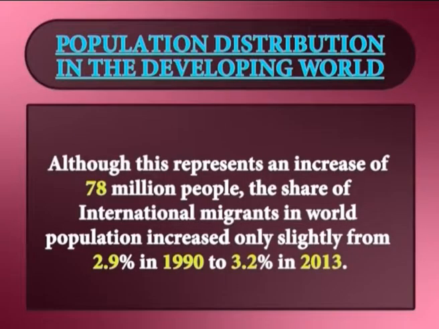In 2013, the number of international migrants worldwide reached 232 million, up from 154 million in 1990. Although this represents an increase of 78 million people, the share of international migrants in world population increased only slightly from 2.9% in 1990 to 3.2% in 2013.